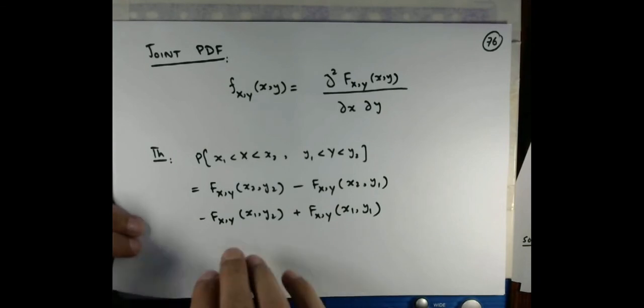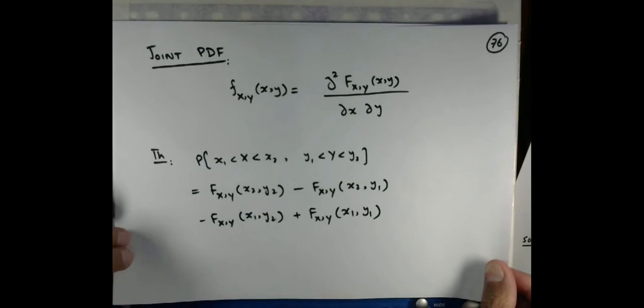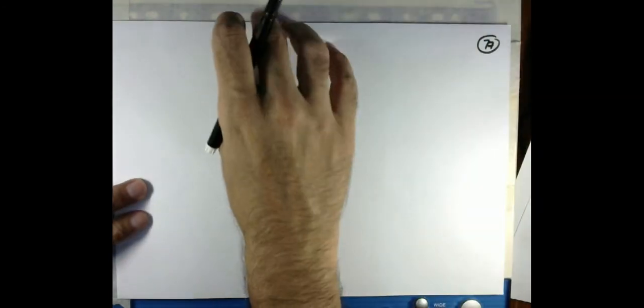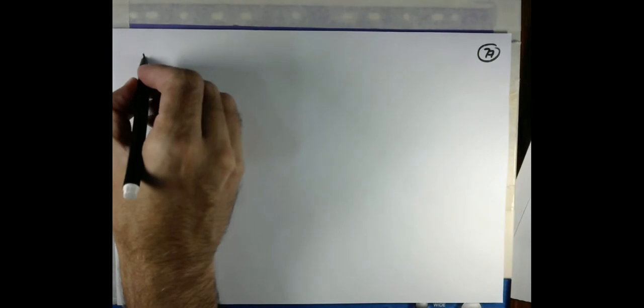A joint PDF has the following properties. A joint PDF has two important properties that I'll now discuss.